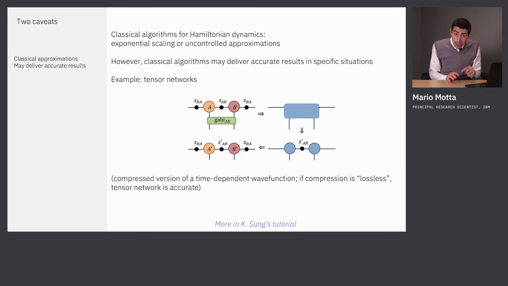The other caveat that is good to keep in our mind is this. For quantum computations without noise, we have this very nice BQP argument, which translates into very practical algorithms like product formulae. On the classical side, it is true that the approaches that we know about to simulate Hamiltonian dynamics don't have an equivalent argument. They all formally either don't converge or have an increasing cost for a generic Hamiltonian simulation task.